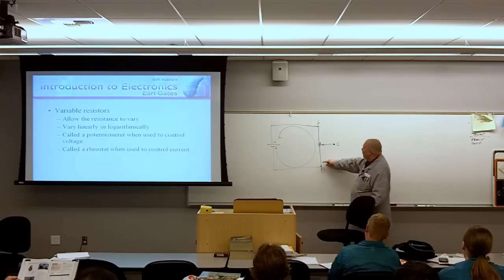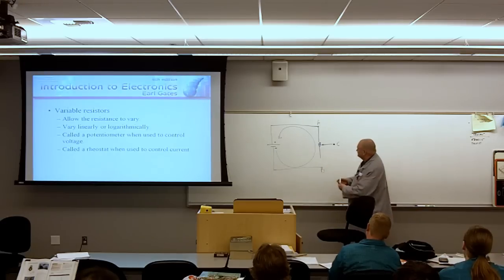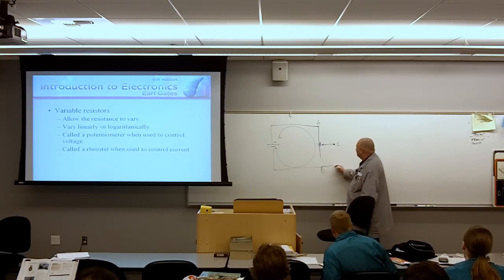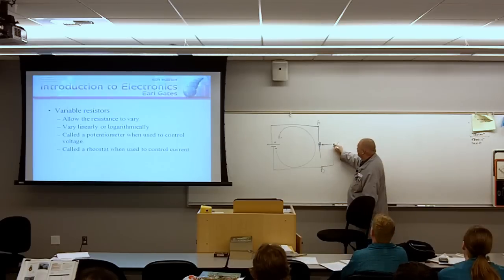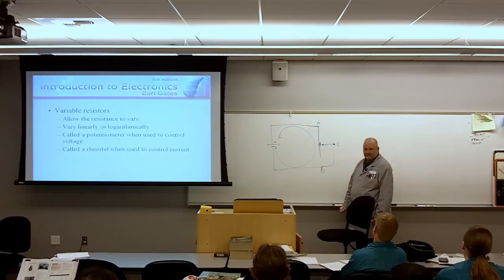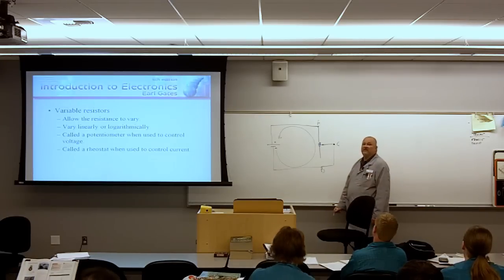Now, what if I break this connection here and move this and connect to point C directly? Now what's going to happen when I move that wiper arm? Total resistance is going to change in the circuit. Absolutely.